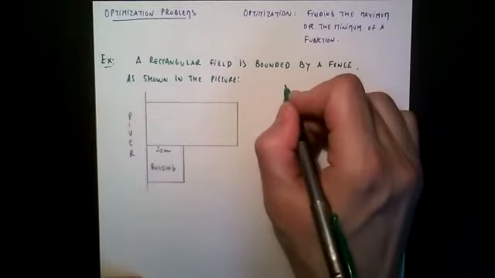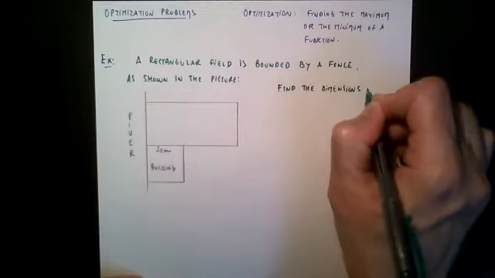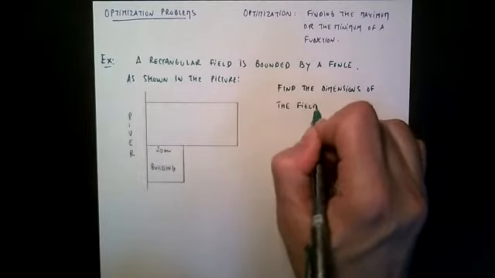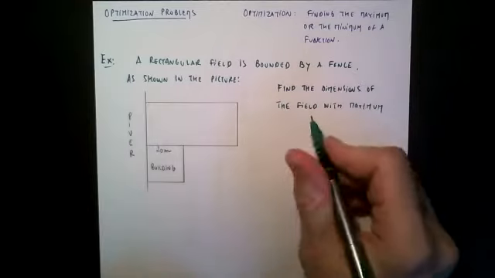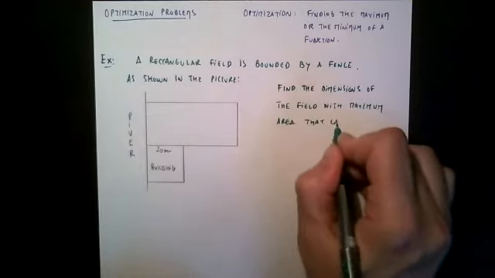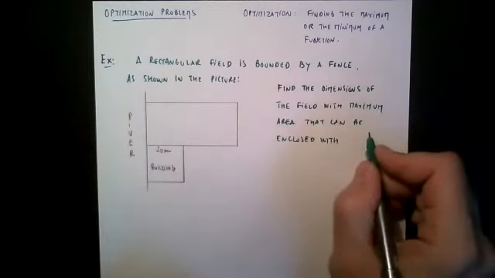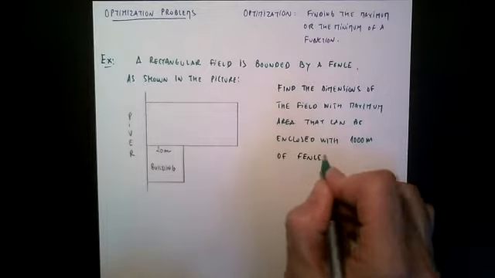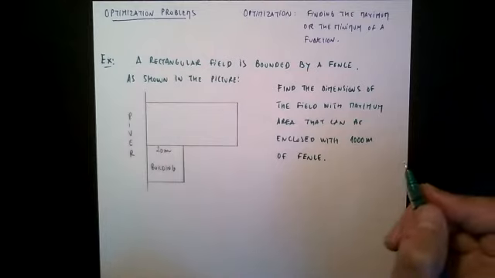So the question is, find the dimensions of the field with maximum area that can be enclosed with 1,000 meters of fencing. Here's your optimization question: maximize area.